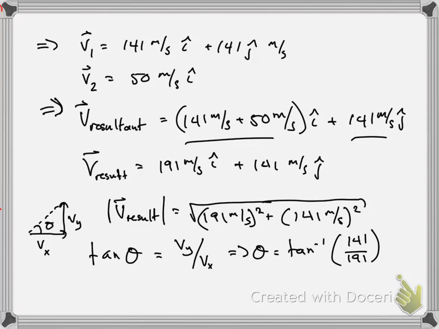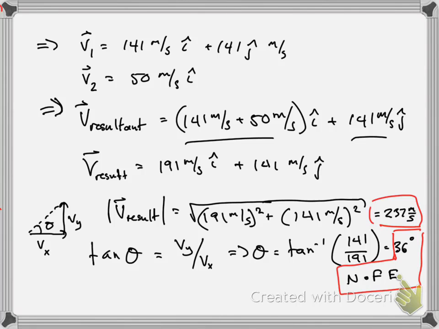And so that's our answer. We can now plug those into the calculator to find the numerical result. The magnitude is 237 meters per second, and the direction is 36 degrees north of east. How do I know it's north of east? It's because of where this vector is, and the angle we were measuring was north of east. So 36 degrees north of east. Okay, that's the answer.